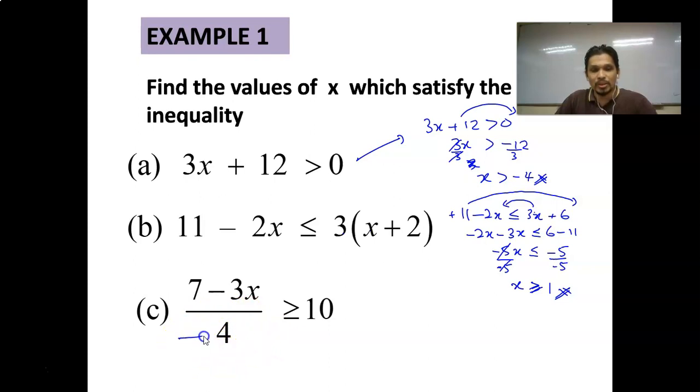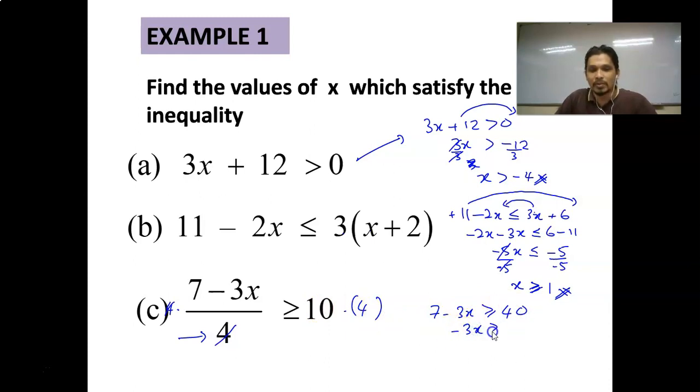But look at this one here right now. This is 4. So we can just simply multiply with 4 on the left side, 4 on the other side, because 4 is always positive. It's a positive 4 here, it won't change to negative. So then 7 minus 3x greater than or equal to 10 minus 4 equal to 40.